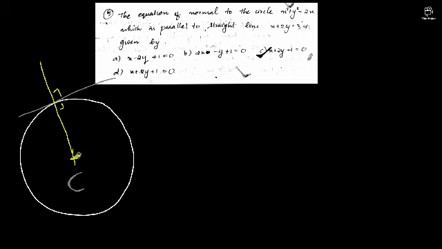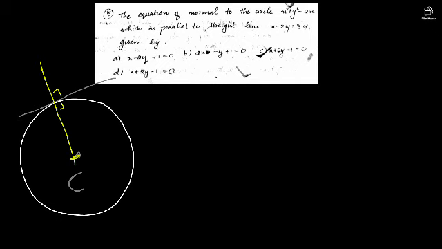Now we know that any normal to a tangent will pass through the center. In order to find the center point, we have the equation of the circle as x square plus y square minus 2x is equal to 0, or simply x square plus y square is equal to 2x.